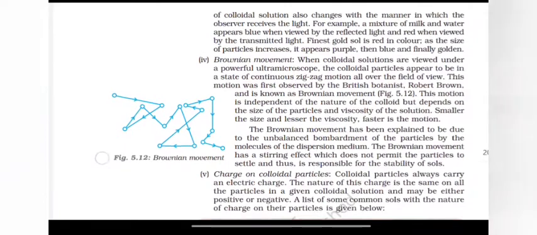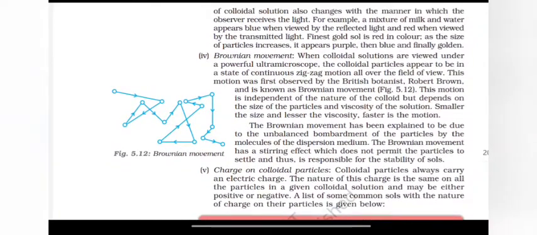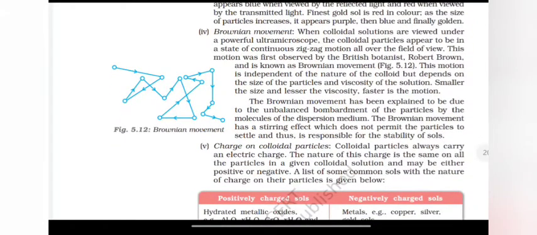Brownian movement. When colloidal solutions are viewed under a powerful ultramicroscope, the colloidal particles appear to be in a state of continuous zigzag motion all over the field of view. This motion was first observed by the British botanist Robert Brown and is known as Brownian movement.